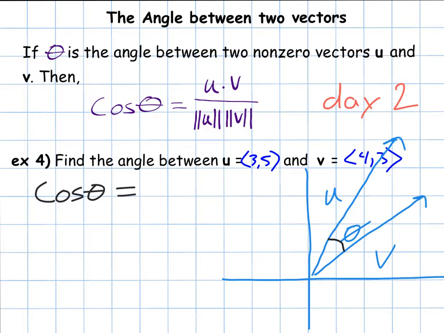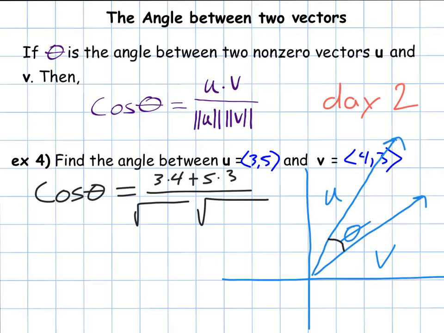Okay, but on the top of our formula, we'll have the dot product, which would be 3 times 4 plus 5 times 3. And then on the bottom, we have the product of both of these vectors' magnitudes.